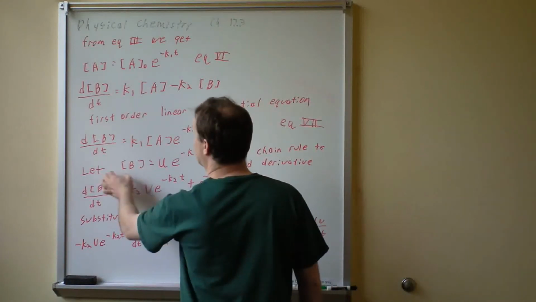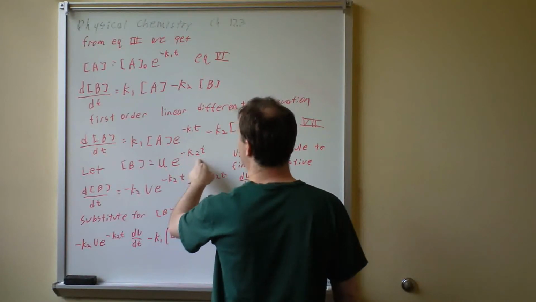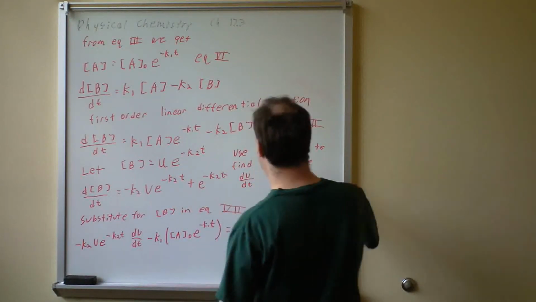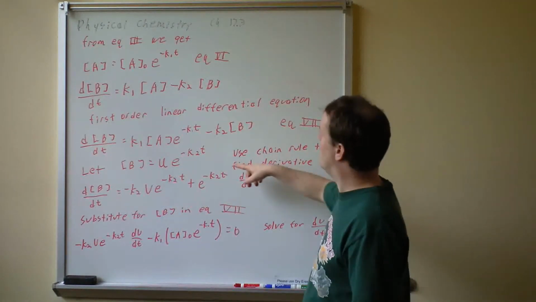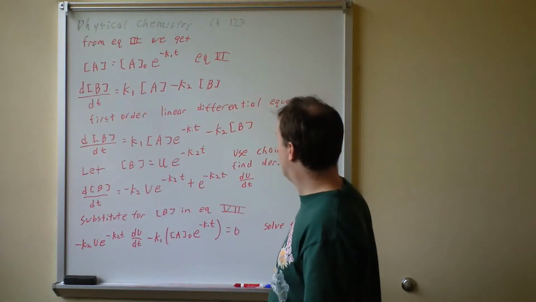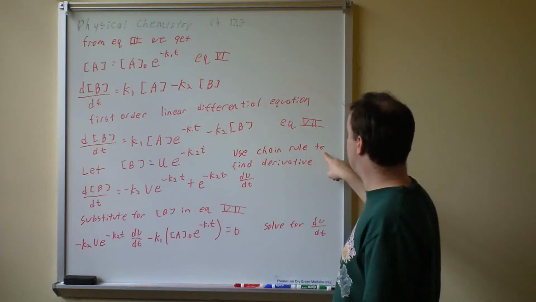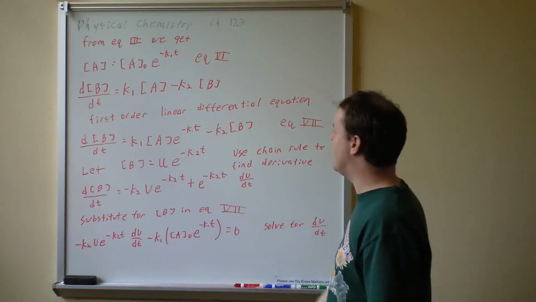So now we want to let the concentration of B equal u times e to the minus k2t. Well, let's go with this, see what happens. So we're going to use the chain rule to find the derivative of that.